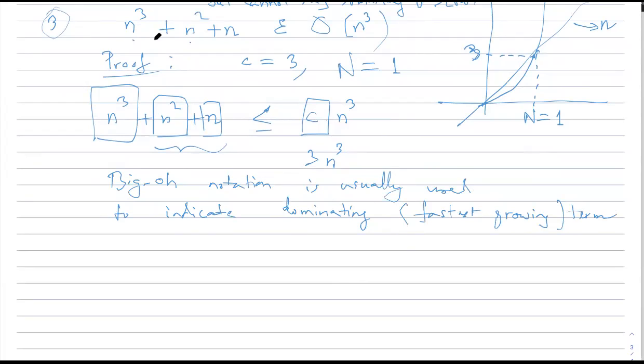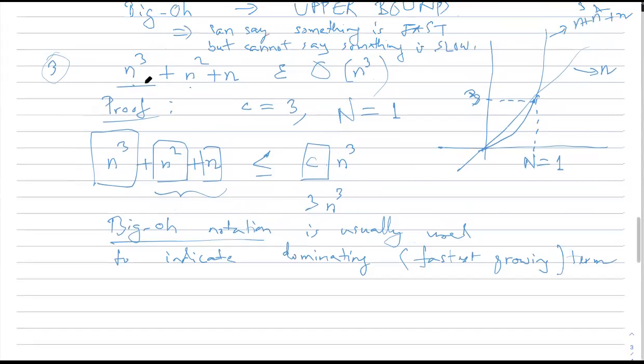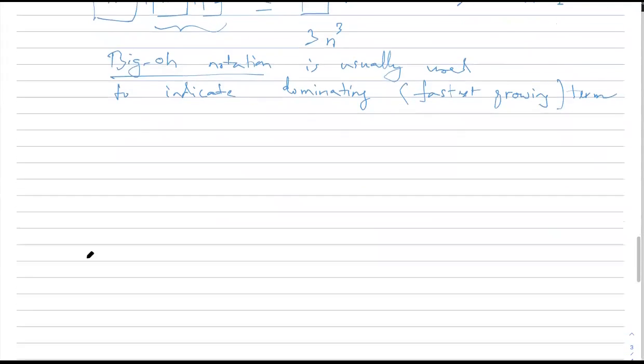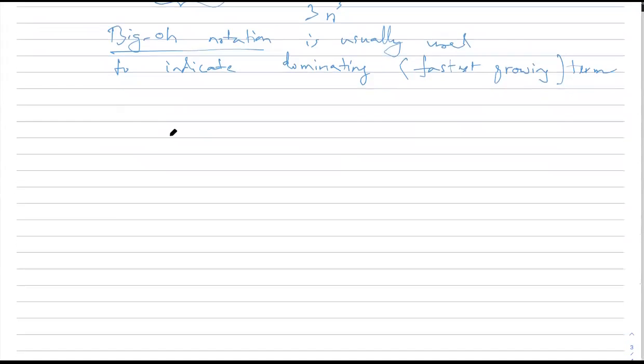So in this case, the fastest growing term is going to be the n cube. And therefore big O notation clearly is going to be picking on the fastest one. Any question? Is it clear?